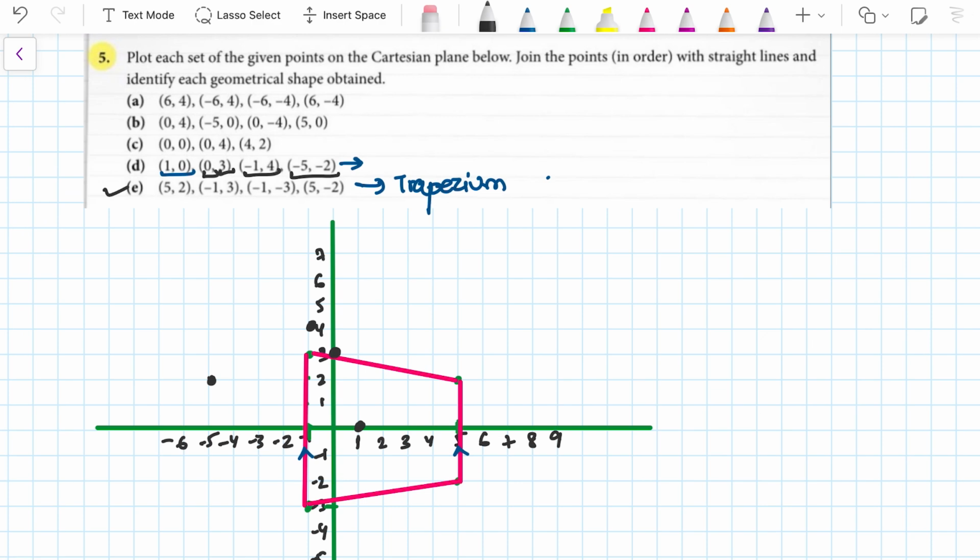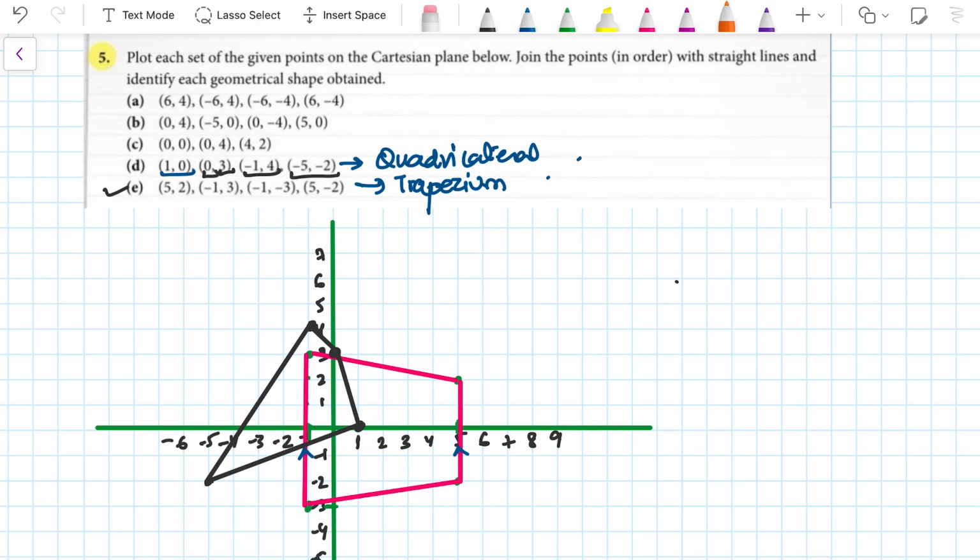Okay, let's join them. Okay, so this is minus 5 comma minus 2. Minus 5 comma minus 2 is here. So this is like no particular shape. So we can say it's a general quadrilateral because it has 4 sides.